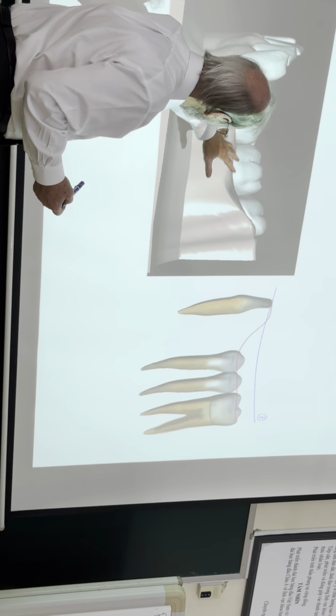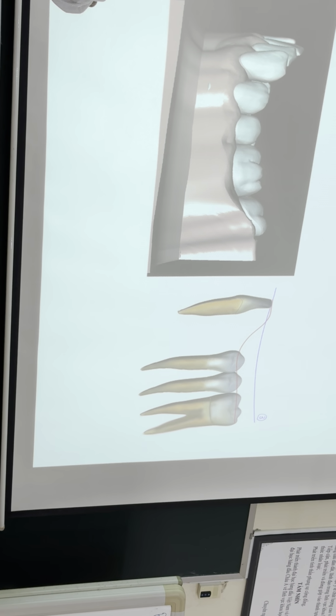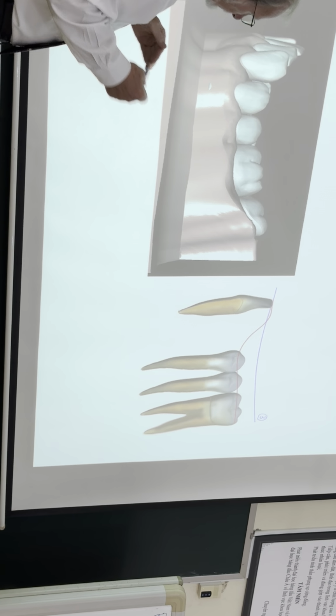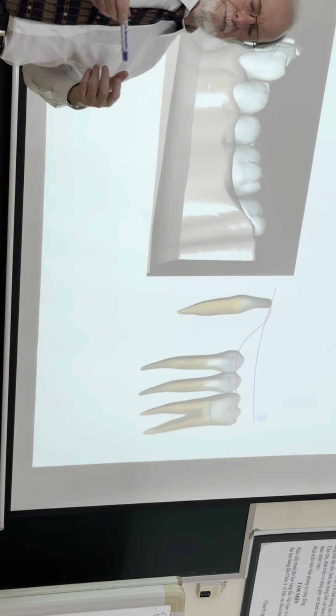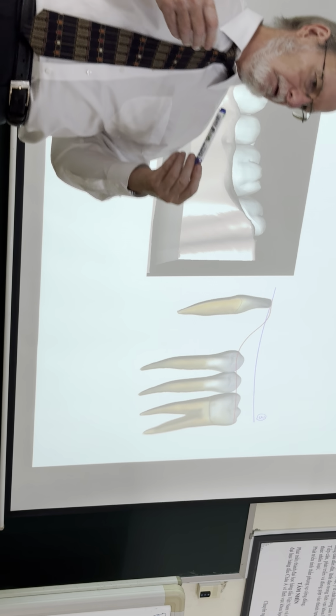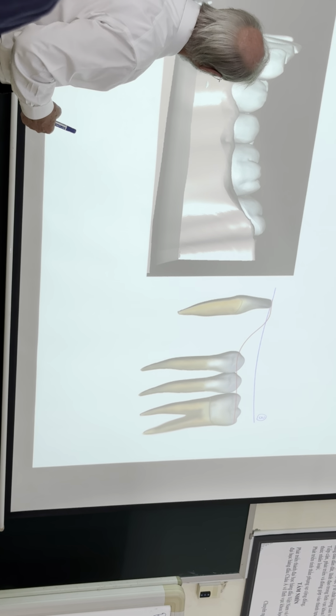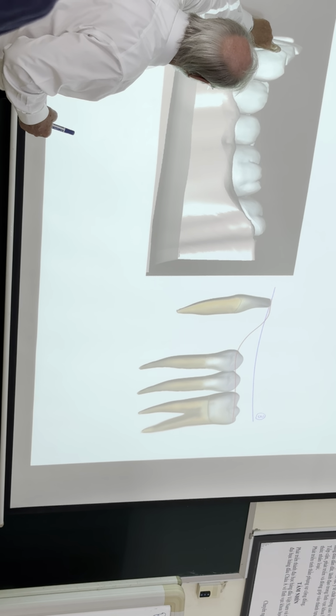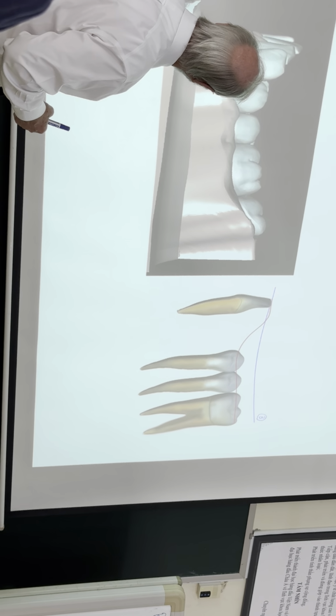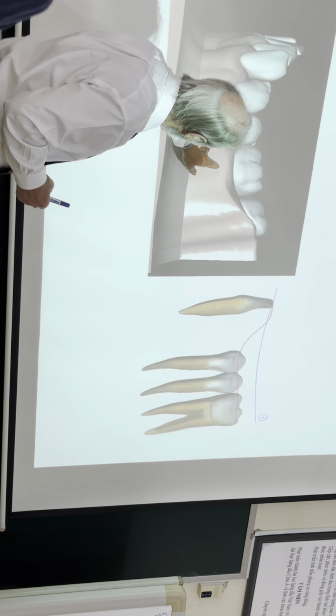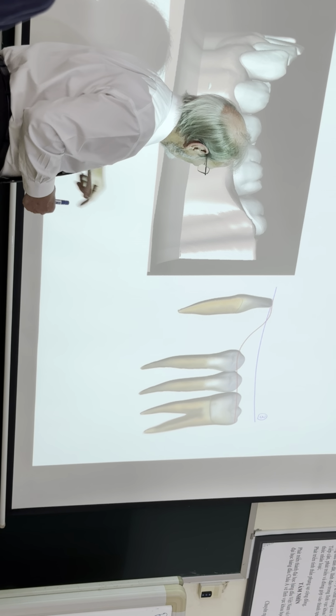So the first way you could think of is the curve of Spee. I want to do aligners. So what do you want to do? It depends on the need of the patient. If you want pure intrusion, you put an intrusive force right there, and you put an extrusive force right here.